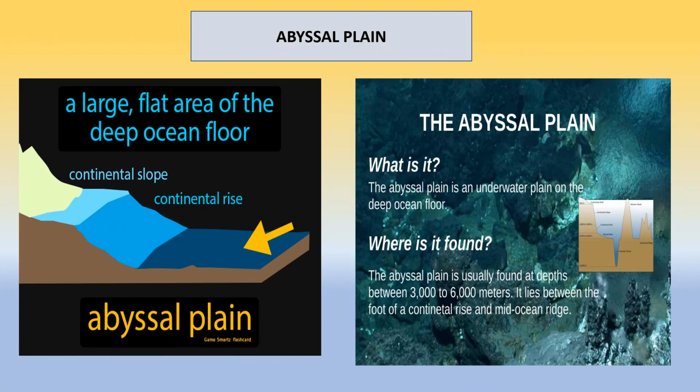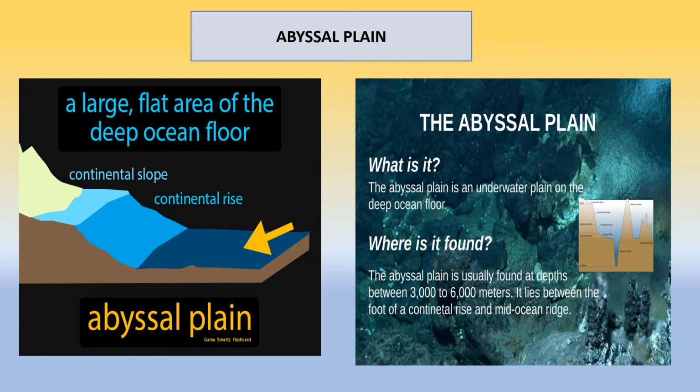The next important region is called the abyssal plain. An abyssal plain is an underwater plain on the deep ocean floor. Just like the depositional plains found in river valleys, in a similar way deposition takes place here. Its depth lies between 3000 and 6000 meters, and it lies between the foot of the continental rise and the mid-oceanic ridges.